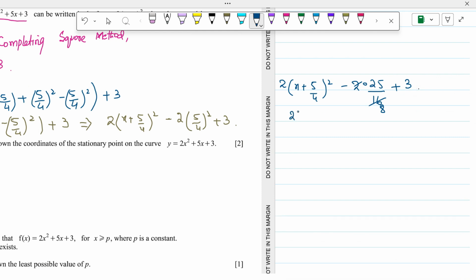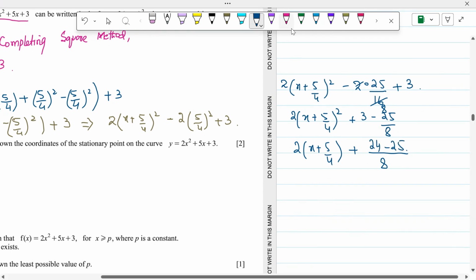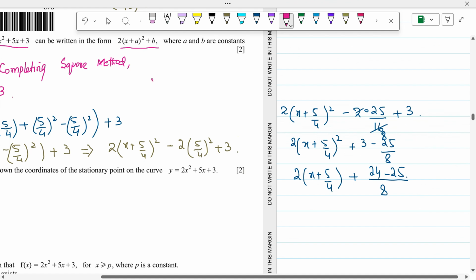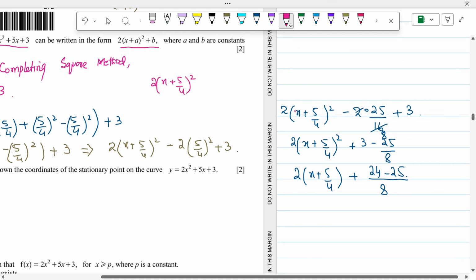For the solving, we will have 2(x + 5/4)² plus 3 minus 25/8. Taking 8 as the LCM, 8 times 3 is 24, minus 25, so we can write 2 times (x + 5/4)² minus 1/8.